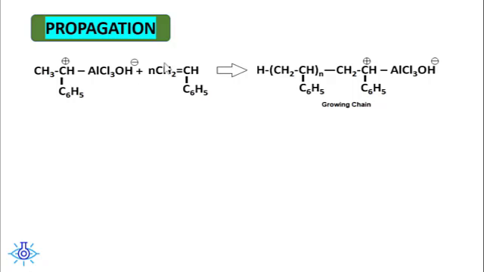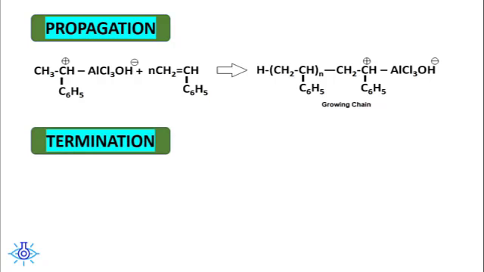During this addition of the monomer to the carbocation, the double bond breaks, and the positive charge shifts to the newly added monomer. The double bond breaks here and is utilized in bonding this monomer with this carbocation. So this is the growing chain that is formed by the propagation reaction.